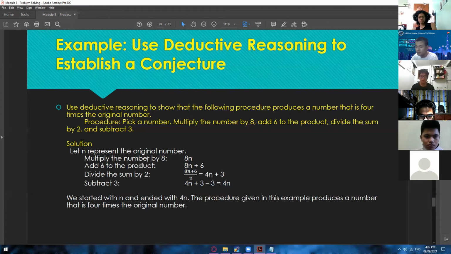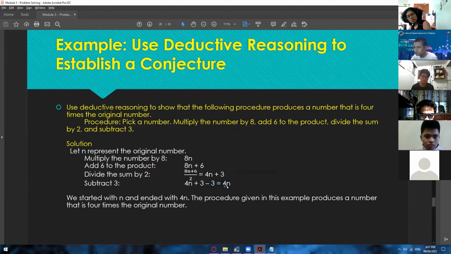You don't need a lot of data here, as long as you have this formula, which is equal to 4n. So 8 times n, then add 6, and then divide that by 2. If you simplify this, it will give us 4n plus 3. And then 4n plus 3 minus 3 is equal to 4n.